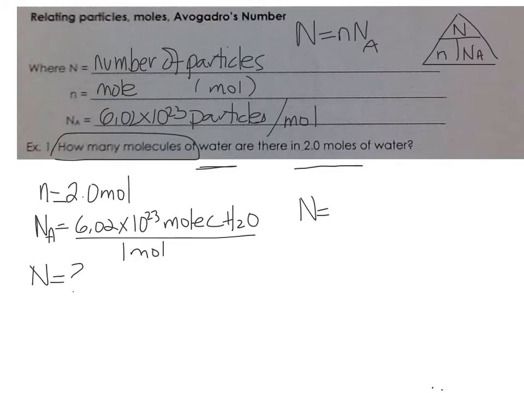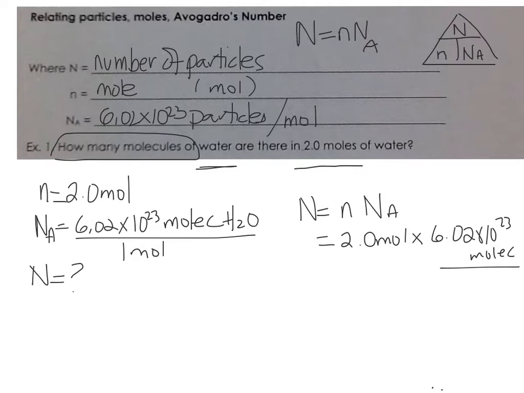N is equal to small n times Avogadro's number, 2.0 mole times Avogadro's number. Now if you have a unit on top and on bottom, they cancel.